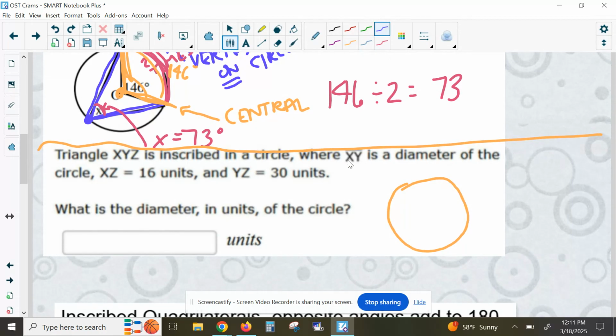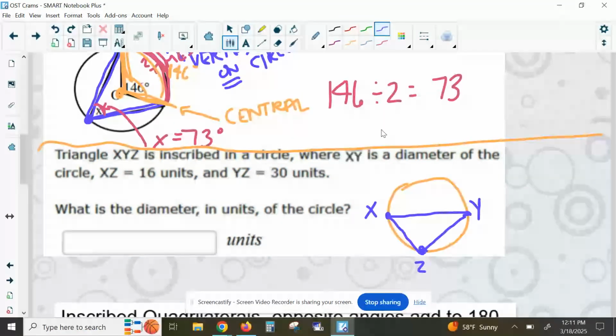XY is the diameter, so that means it has to go all the way across. And we have to make a triangle XYZ, so that means Z must be down here somewhere, or up there, it wouldn't matter.